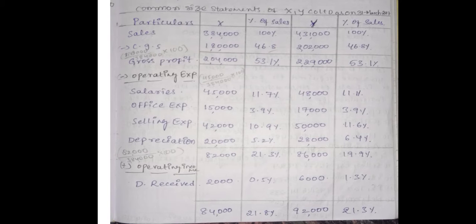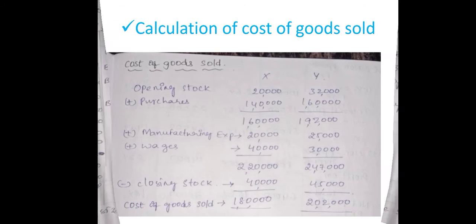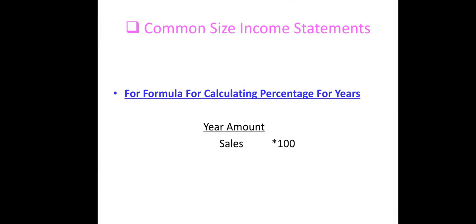Next, 53.1% is the change. How we calculate, I will explain with cost of goods sold also. 1,80,000 divided by 3,84,000 into 100. The formula is item amount divided by sales into 100. So this is the formula, item amount by sales into 100.